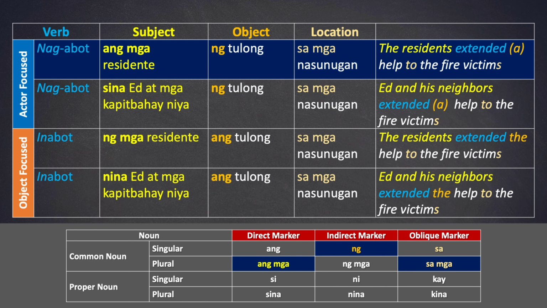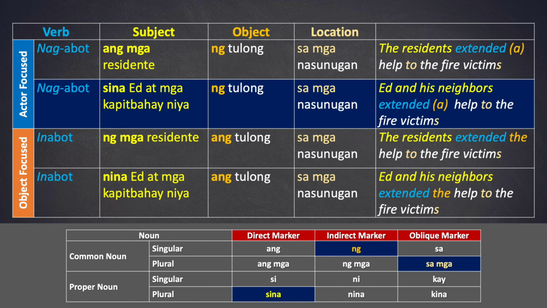Nag-abot ang mga residente ng tulong sa mga nasunugan. The residents extended help to the fire victims. Nag-abot sina Ed at mga kapitbahay niya ng tulong sa mga nasunugan. Ed and his neighbors extended help to the fire victims.